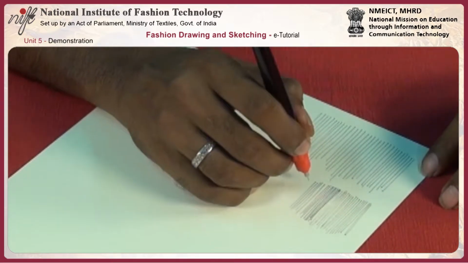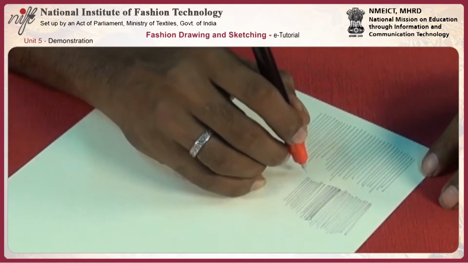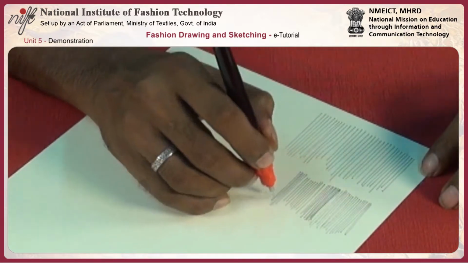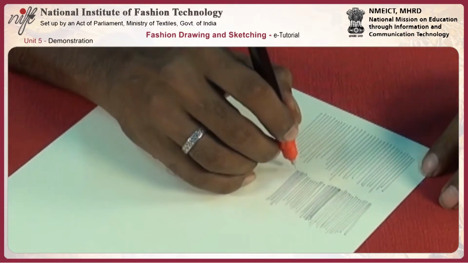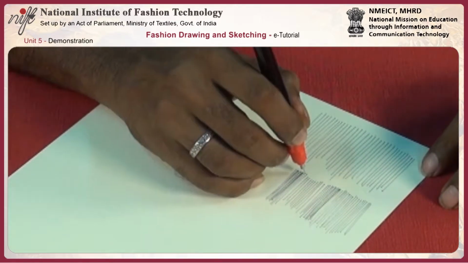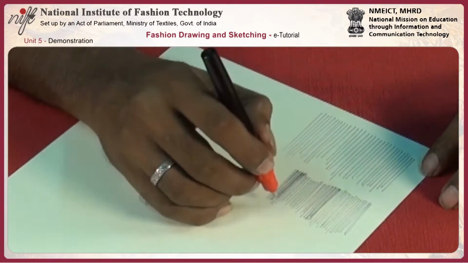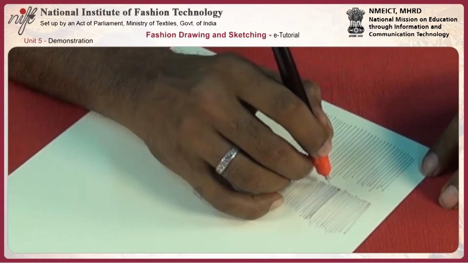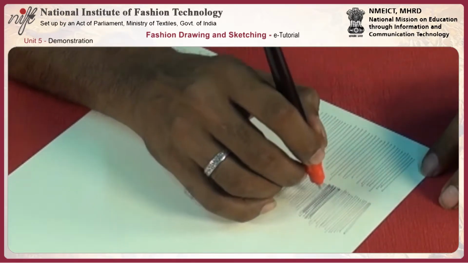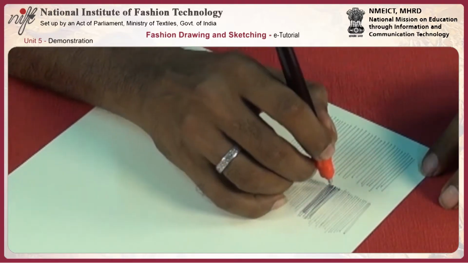Here you can see that I am drawing parallel lines one after the other without much variation in the first rendering. In the second rendering, I am using the same kind of parallel lines but with a variation.